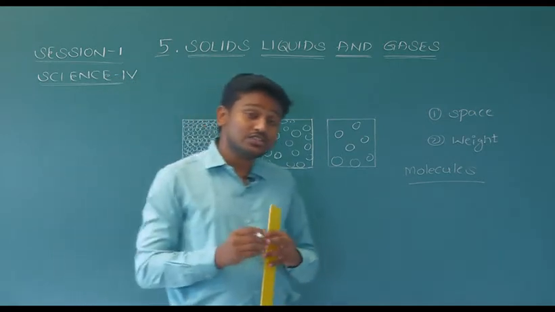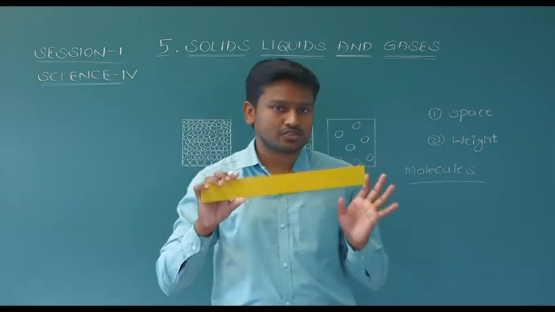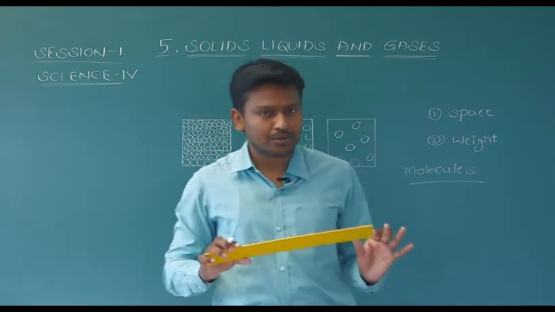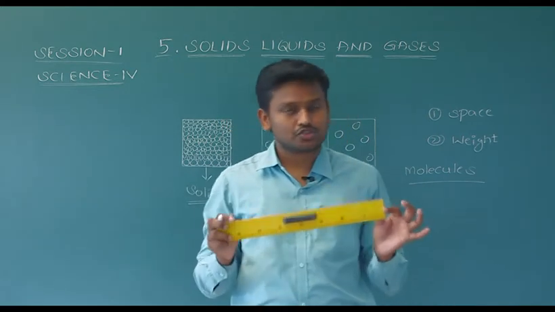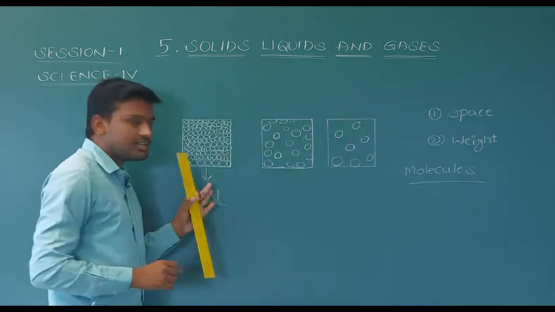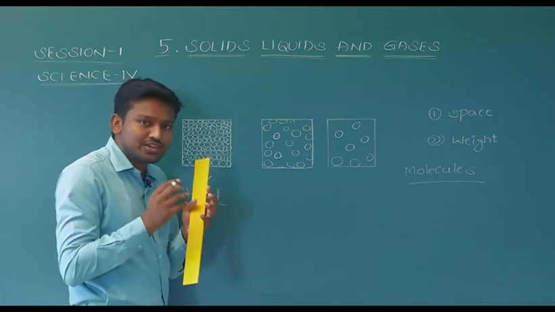Because if we take any solid object, we cannot change its shape easily, though we can change the shape of solid objects by applying force, but it is not easy. Okay? So, in the solid state of matter, molecules are present very close to each other.